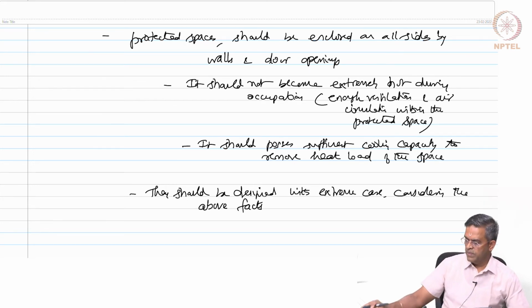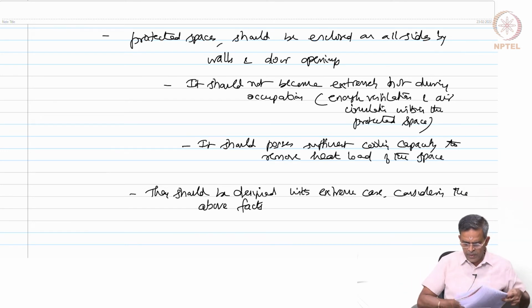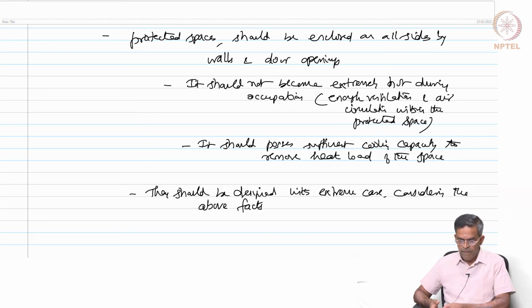Having said this, let us see what are the principal parameters which will govern the blast resistant design.